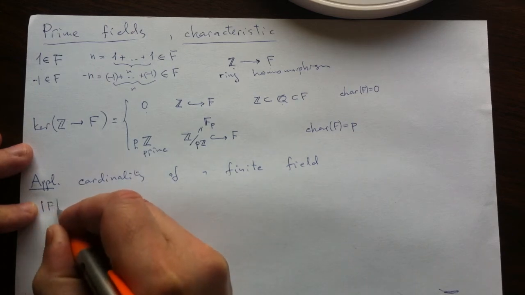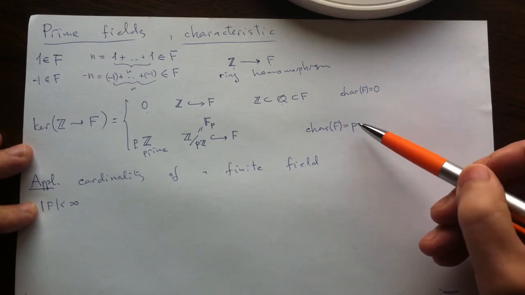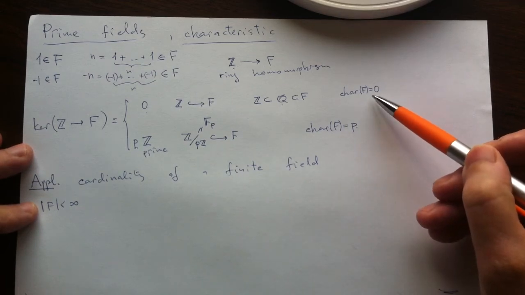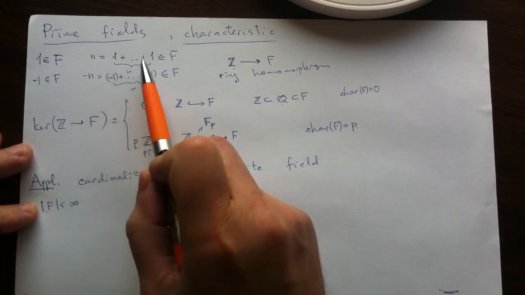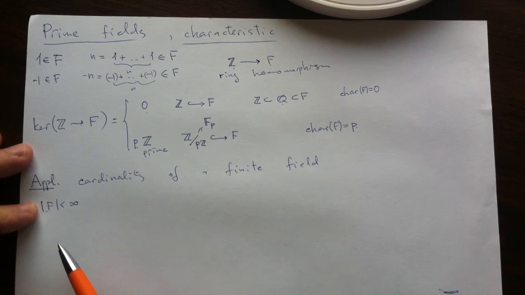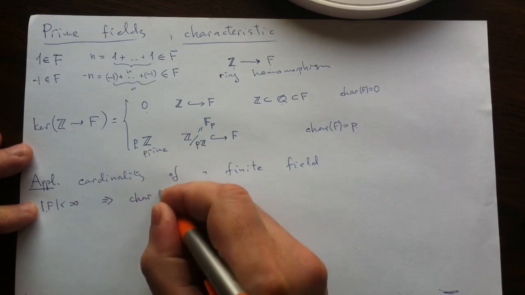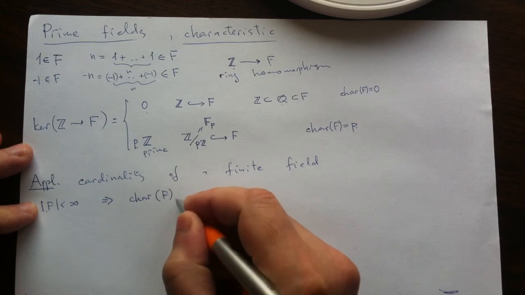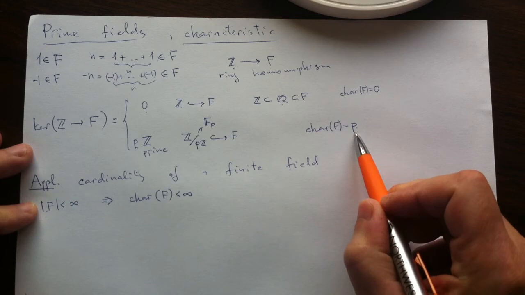Let's assume that our field is finite, and then inevitably we should be in the second case. We cannot be in the first case, because if we only have a finite number of elements, there must be a sum of ones which is equal to 0. So the characteristic of our field, the smallest number of ones which is equal to 0, is also finite.